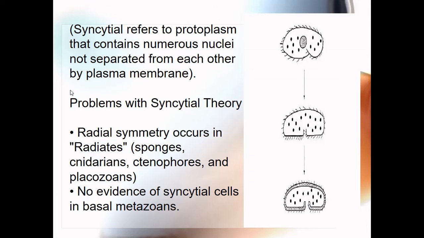Now, the problem of the syncytial theory, the radial symmetry occurs in radiates like sponges, cnidarians, ctenophores, and placozoans will not reflect, hindi siya magkaroon ng resemblance based on the presentation sa syncytial theory, but closer ang presentation more on sa colonial theory.